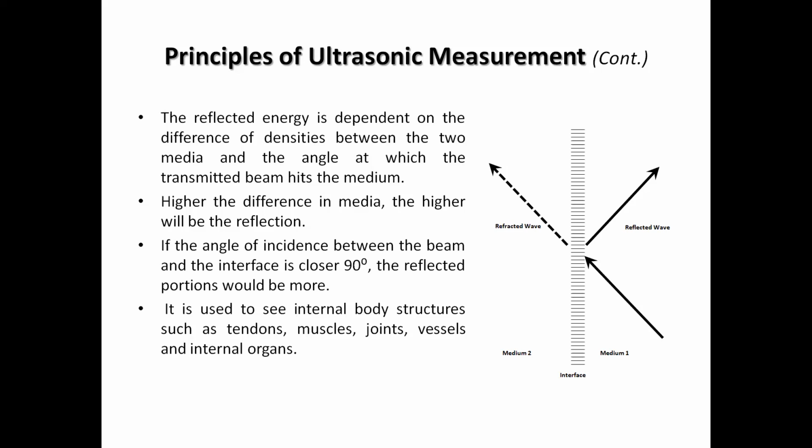Another observation is that the higher the difference in the media, the higher the reflection. And if the angle of incidence between the beam and the interface is very close to 90 degrees, it will reflect the proper portion from the concerned interface.